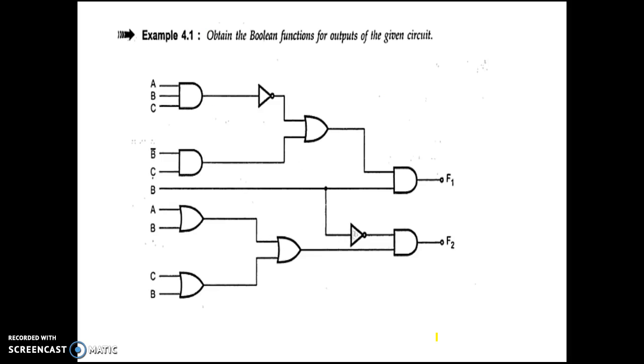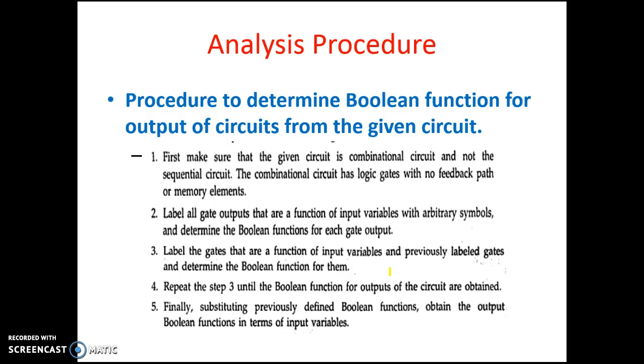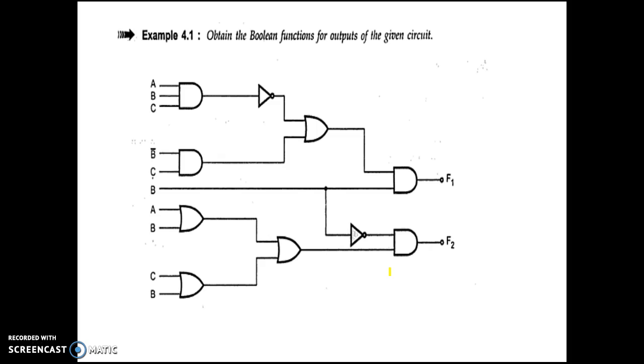Let's see this with an example. We have step 1. This is an example of a circuit with various basic logic gates, and these are the inputs to the circuit: A, B, C. Three variables are given as input to the circuit.